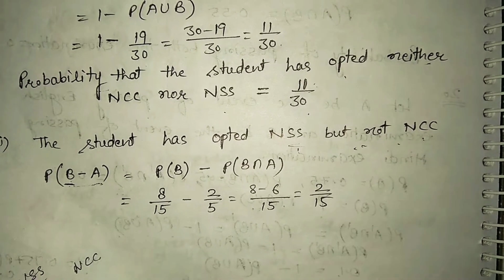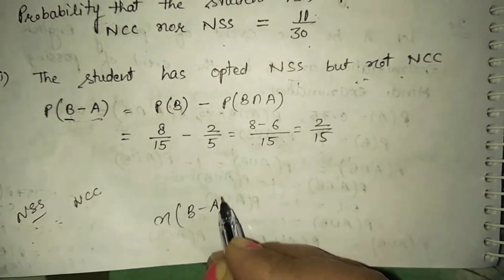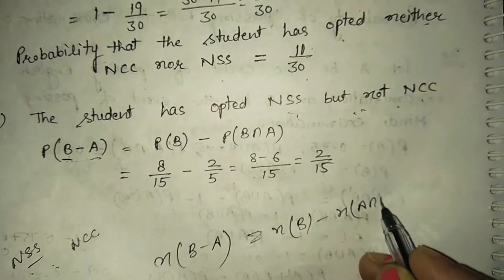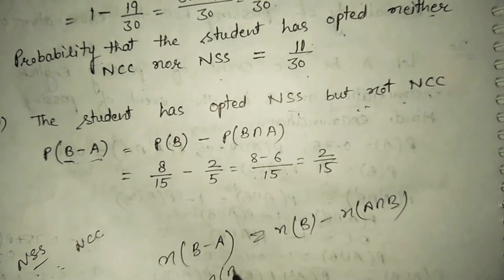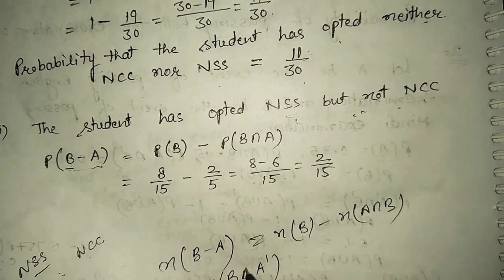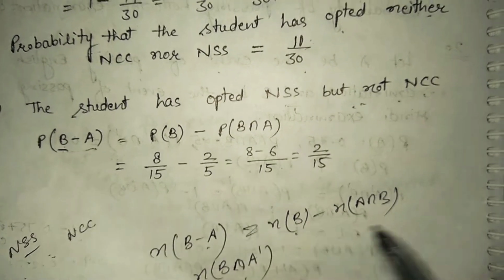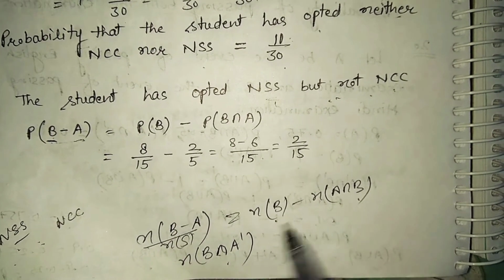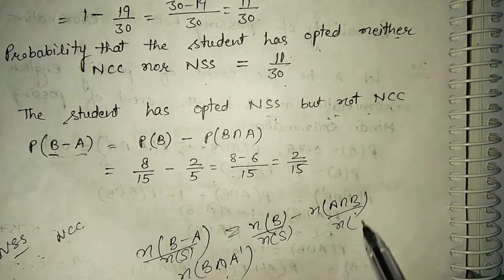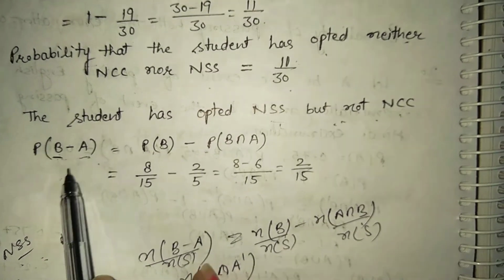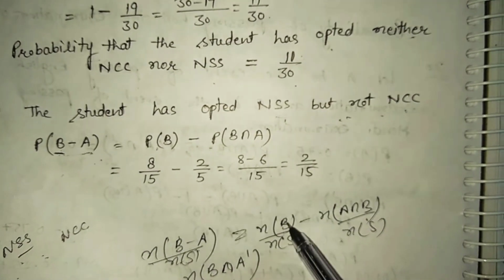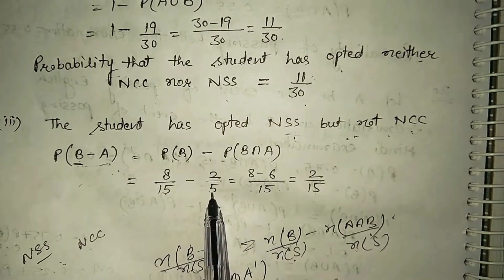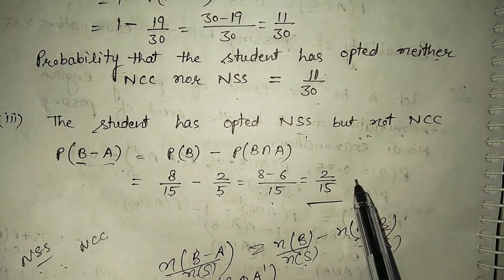In sets we have done this formula: n(B minus A) is n(B) minus n(A intersection B), or we can write B intersection A complement. If we divide by n(S), the number of elements in the sample space, it will be P(B minus A), which is P(B) minus P(A intersection B). Now we put the values of P(B) and P(A intersection B), and we get the answer, that is 2 by 15.